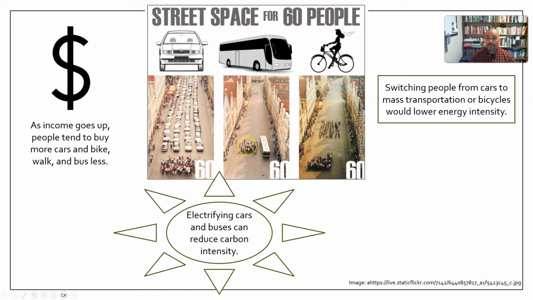So if we were to get around in electrified buses, we would actually get the benefit of both lower energy intensity and lower carbon intensity. But again, what this points out is that there's multiple ways to essentially influence the amount of emissions that a society is producing or that an individual is producing. So if we're able to switch the kinds of technology or how efficient our technology is, it can make a really big influence over the amount of emissions that are being produced.